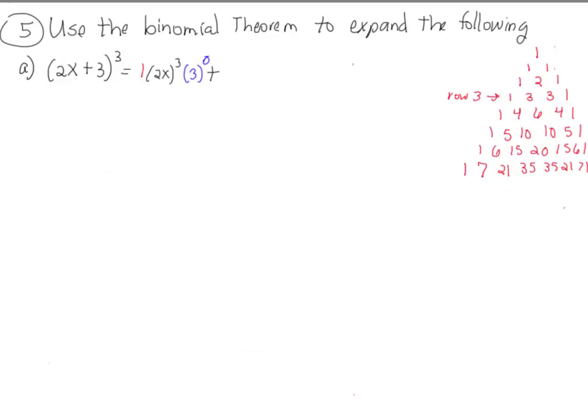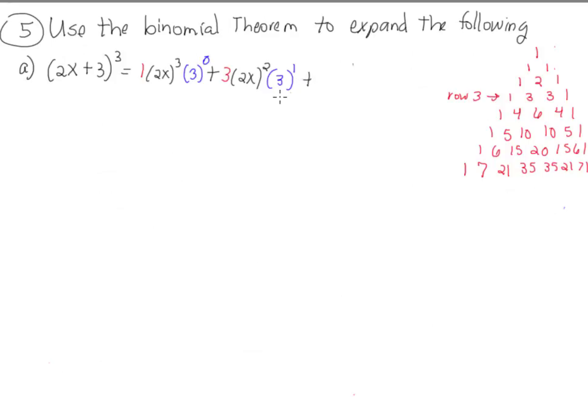My second term, I take the second number in Pascal's triangle, which is 3. Again, times it by my 2x raised to, and this time my power needs to be 1 less than the last one I used, so that'd be a 2. And my last term of 3 raised to 1 more power, so I'd raise it to the first.